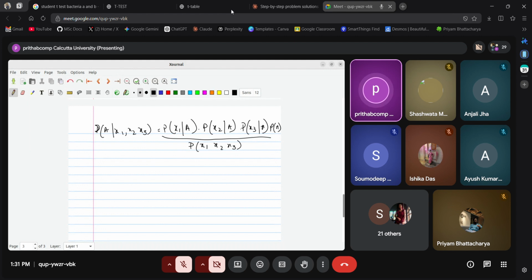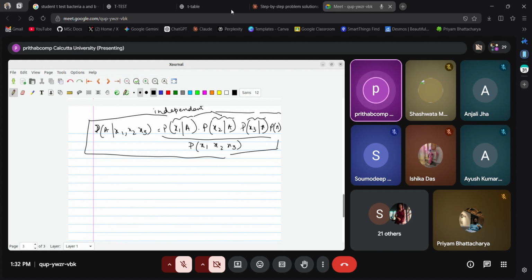So what we are seeing is that all these are independent. We are assuming that the influences of the previous things are not there.